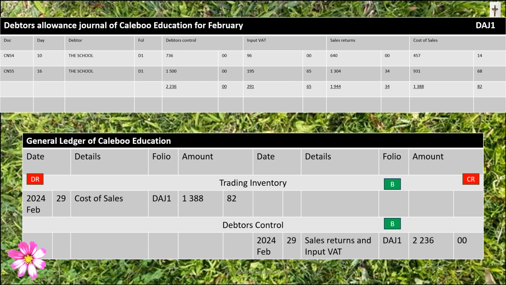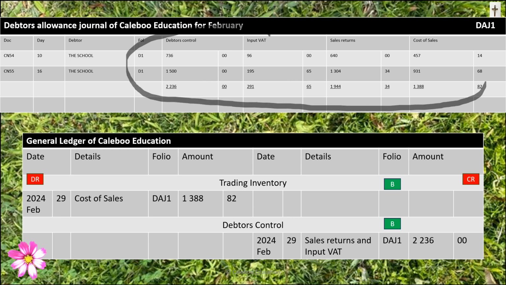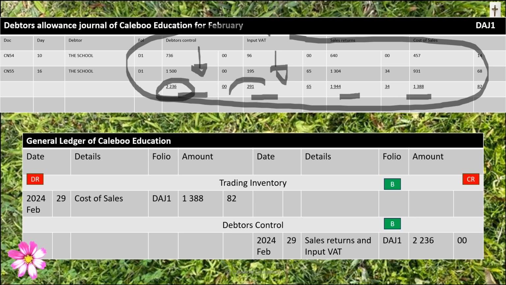So now we need to take this information from the journal and we need to post it to the general ledger accounts. Remember, the purpose of a journal is to take the load off the ledger. If an item or an account has its own column, we take the total, not the individual amounts, to the ledger accounts.